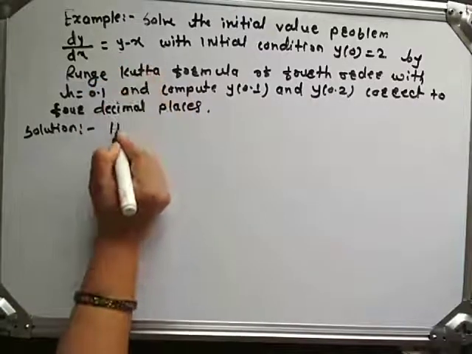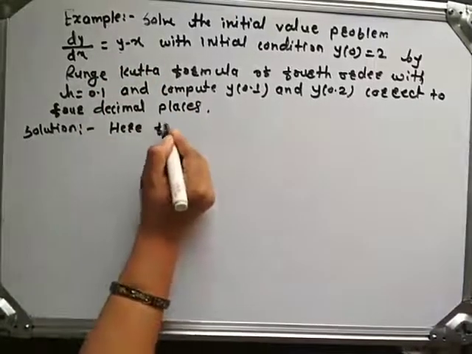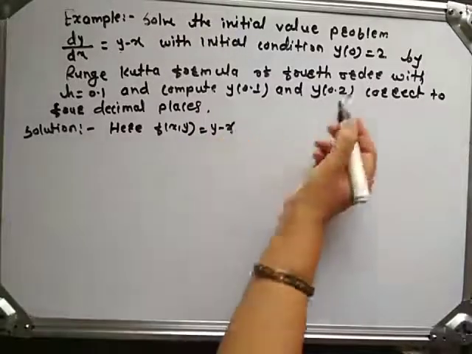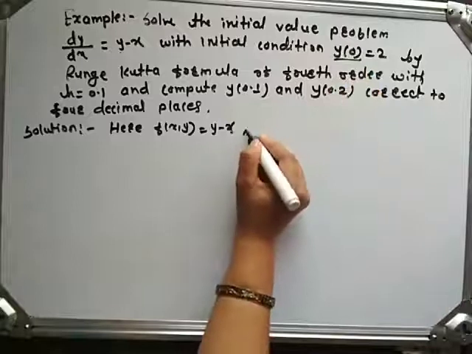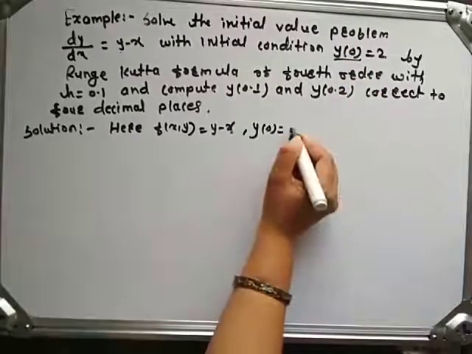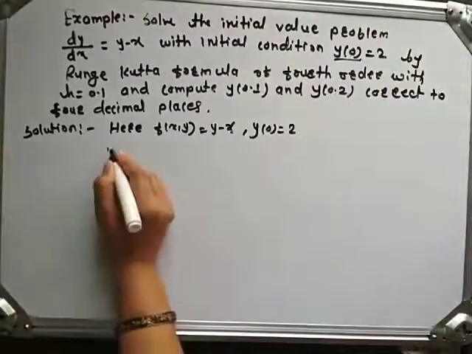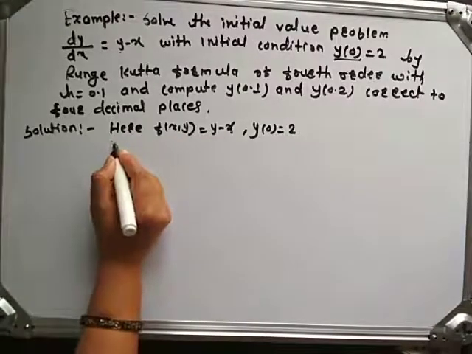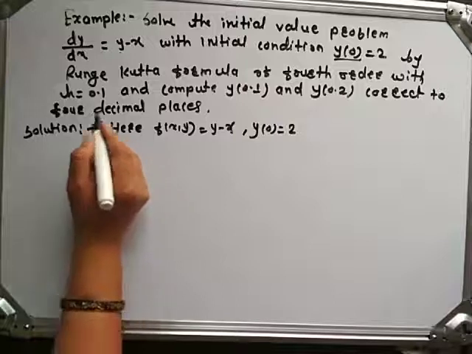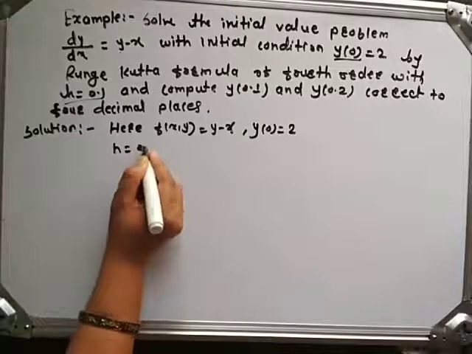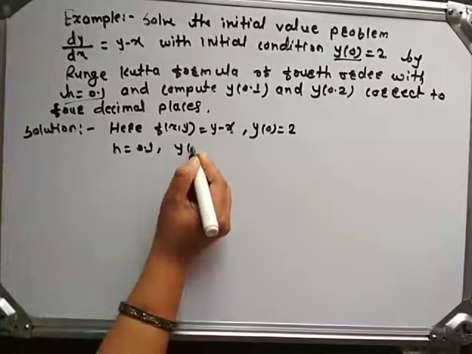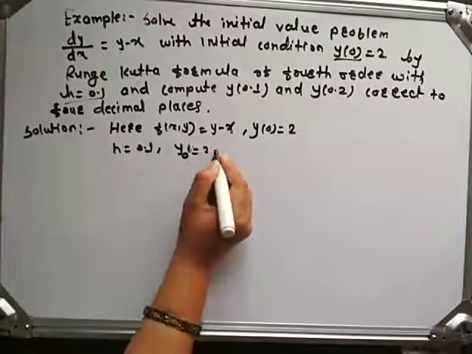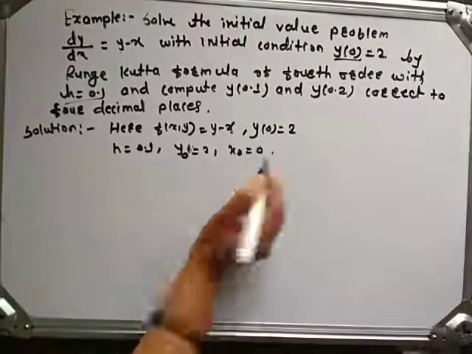Here f of (x, y) is y minus x. Okay, y of 0 is 2. Therefore, here also h is 0.1, y of 0 is 2 means y0 is equal to 2 and x0 is 0.